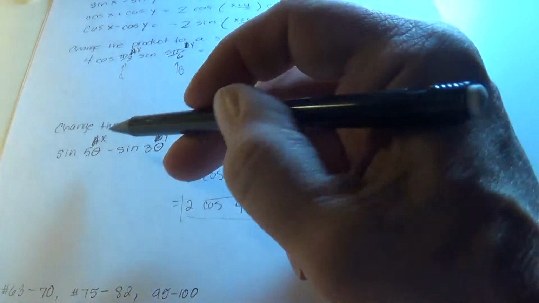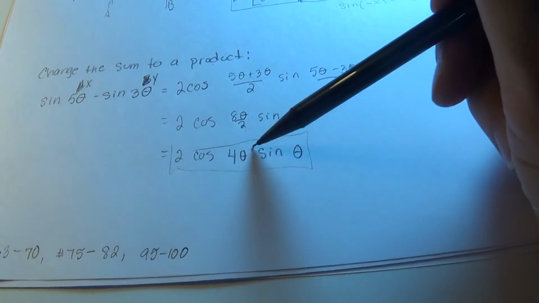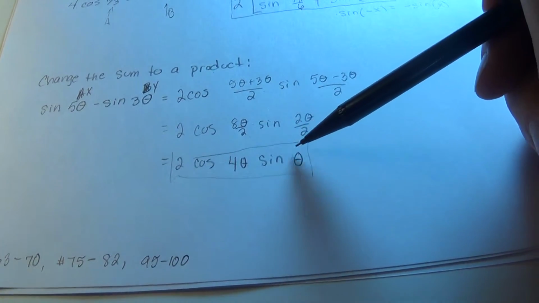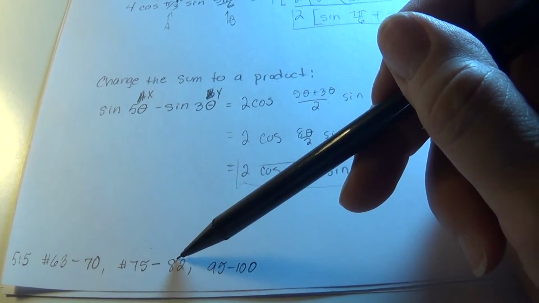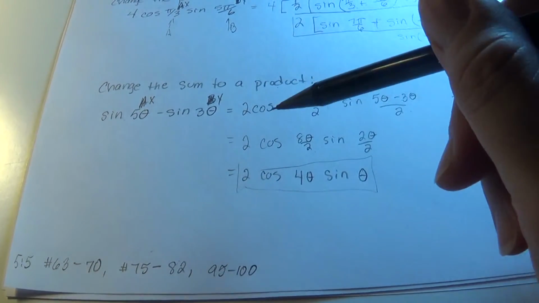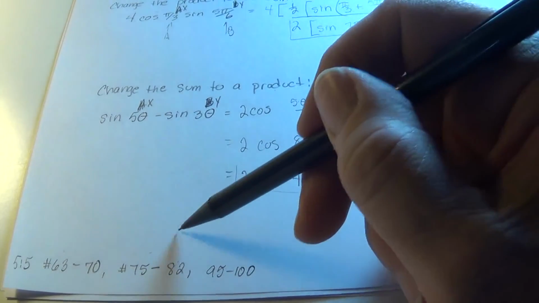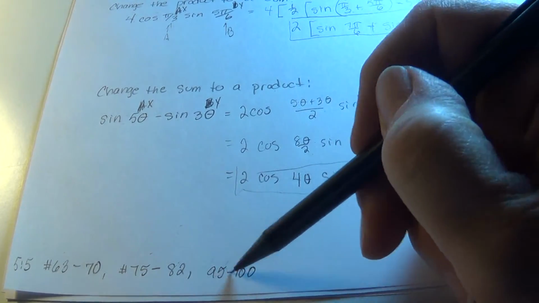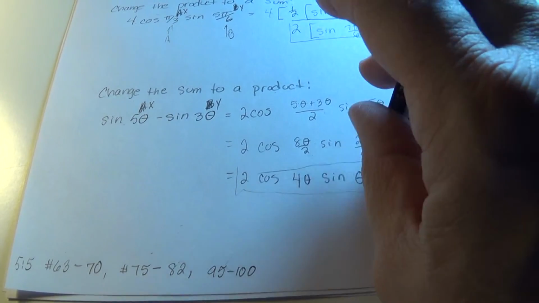You can see I started with a special sum and ended up with a product, things that are multiplied together. The ones like that will be numbers 75 to 82. I do not think anyone finished those. I think we started this section, and for 95 to 100, I don't believe anyone started those.